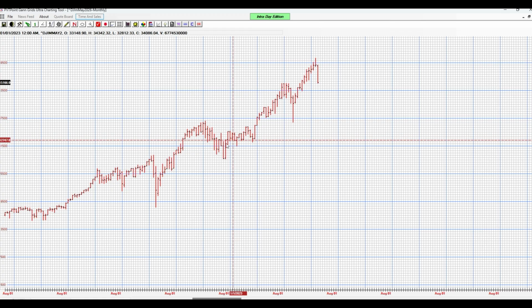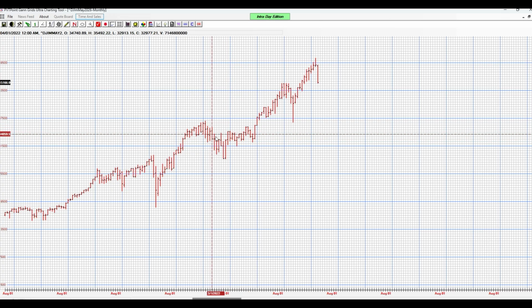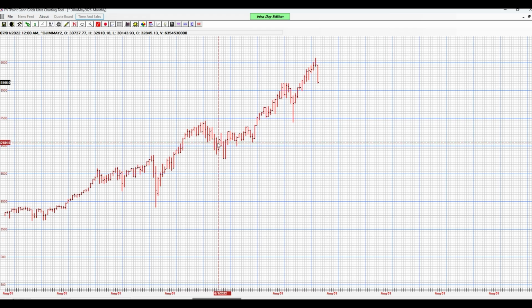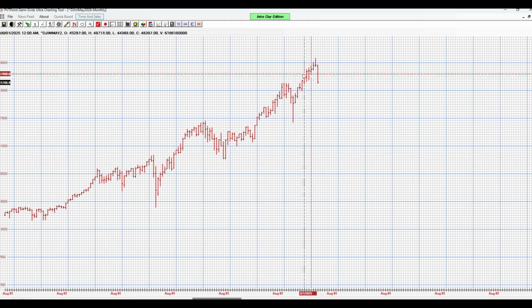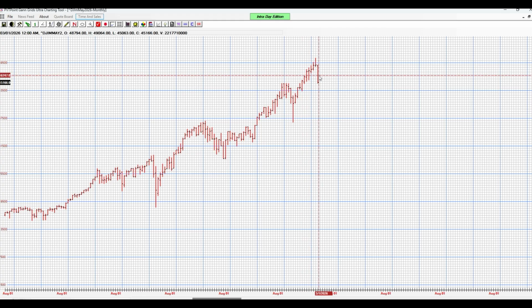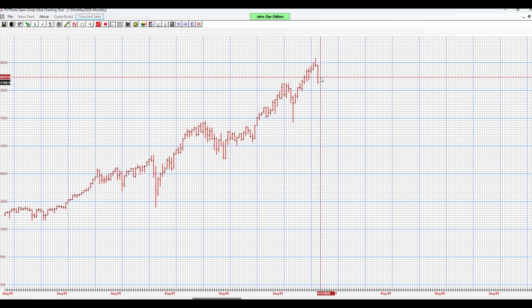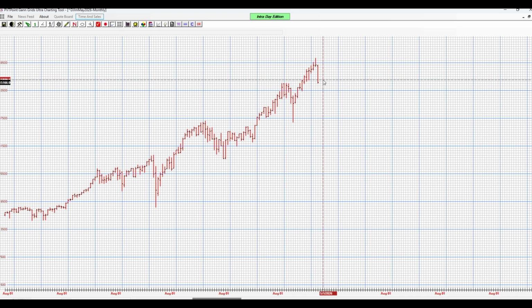So we have between 2 and 4 months as a major turning point. So right now we're in March and April, May, which would be 3, and June, which would be the fourth period.